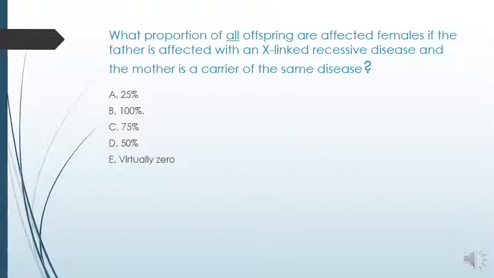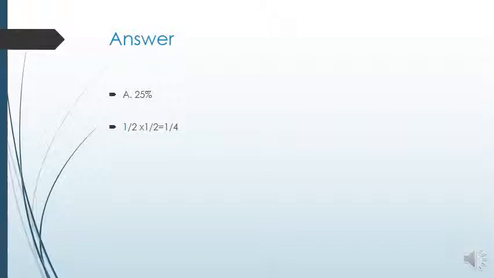What proportion of all offspring are affected females if the father is affected with an X-linked recessive disease and the mother is a carrier of the same disease? A, 25%, B, 100%, C, 75%, D, 50%, and E, virtually 0. The answer is A, 25%, or 1/4.